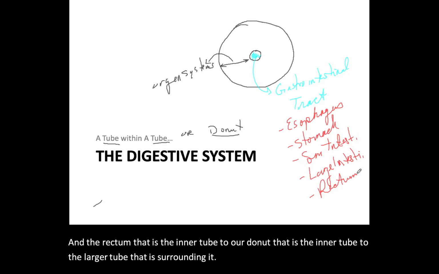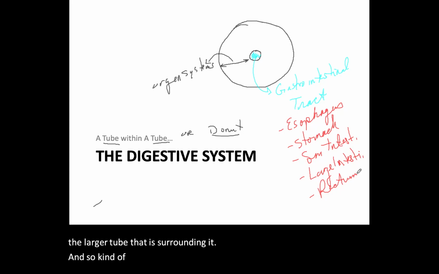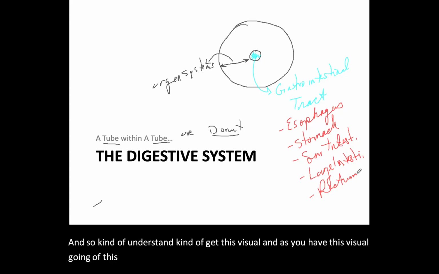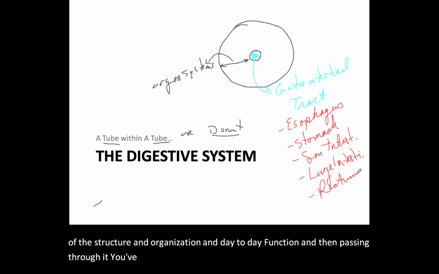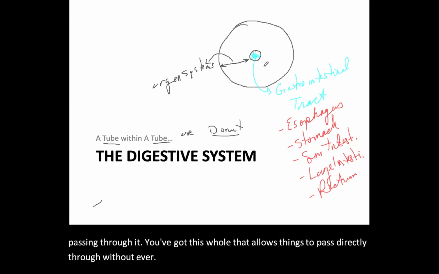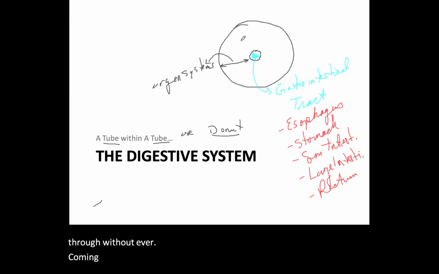And so get this visual of a tube within a tube, where you've got this outer ring that has all of the structure and organization and day-to-day function, and then passing through it, you've got this hole that allows things to pass directly through without ever coming in contact with the stuff that is in here.